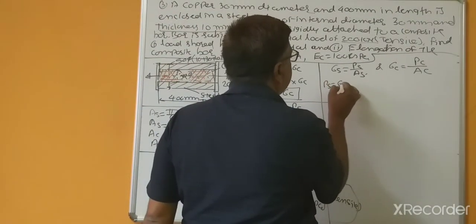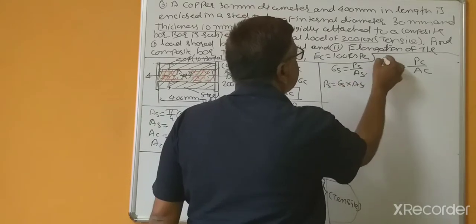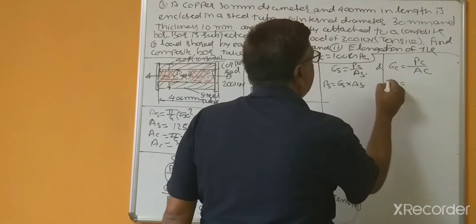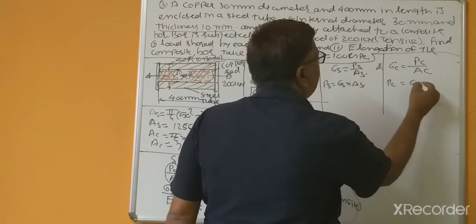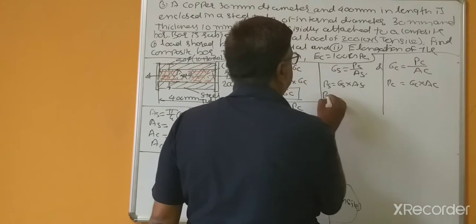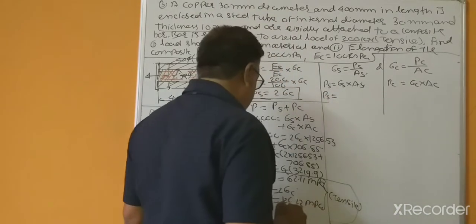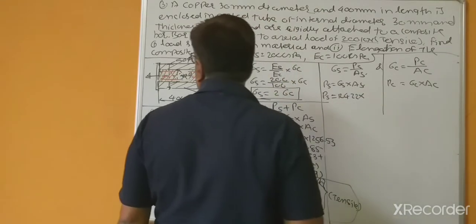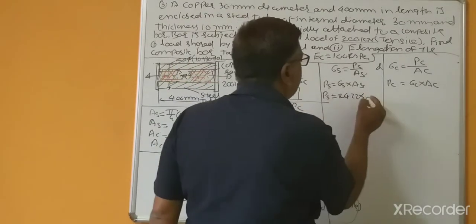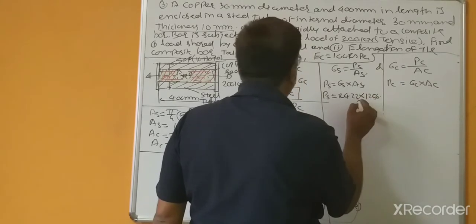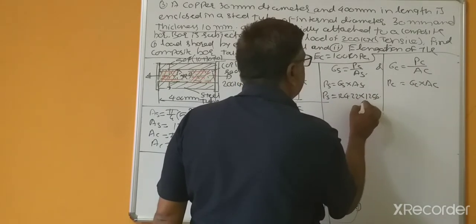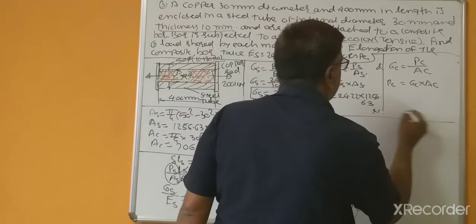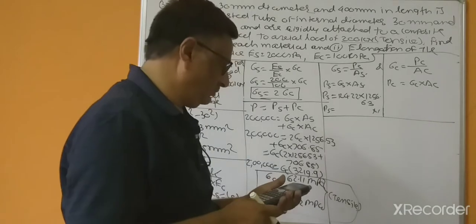So PS equal to sigma S into AS, and PC equal to sigma C into AC. Sigma S equal to 124.22, AS equal to 1256.63, PS equal to. So you will get approximately the answers.